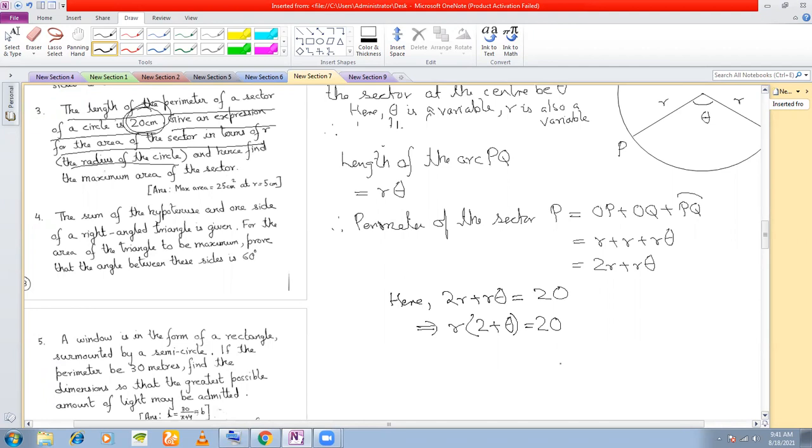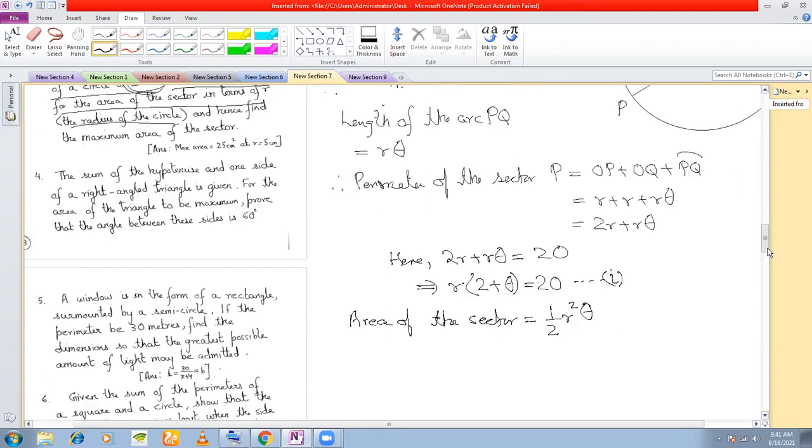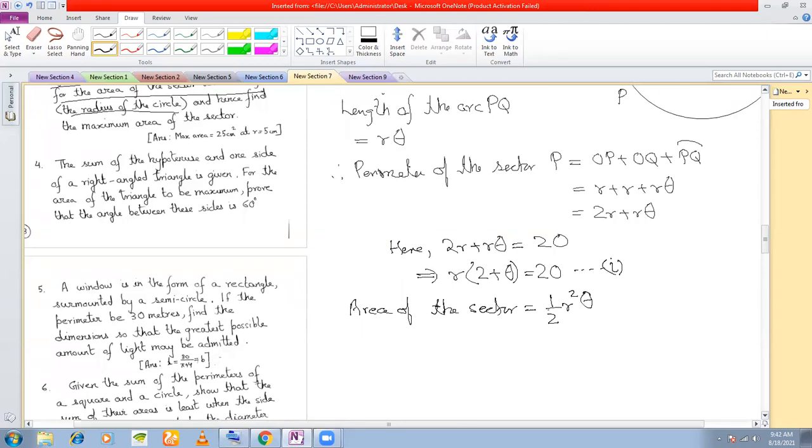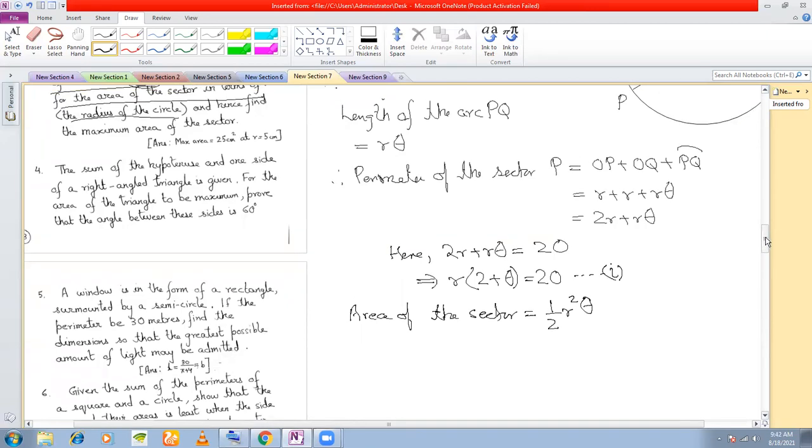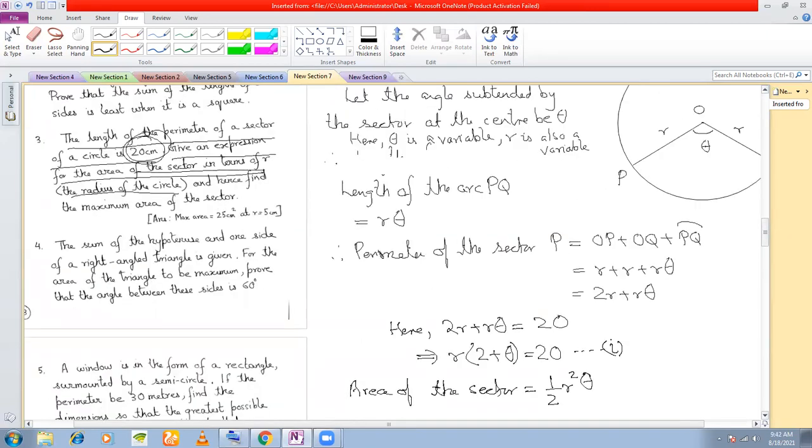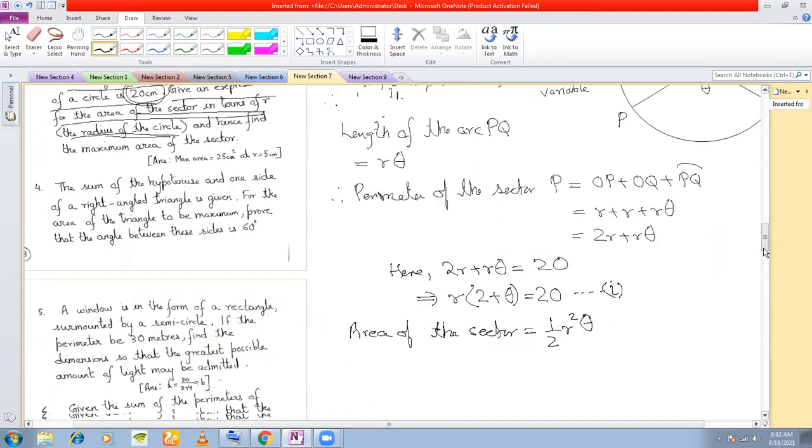Now we want to find out the expression for the area of the sector. Let's call this 1. So what is the area of the sector? I had given this to you as half R square theta, where theta is in radians. Now the question says find the area of the sector in terms of R. That means theta is not required here, right?